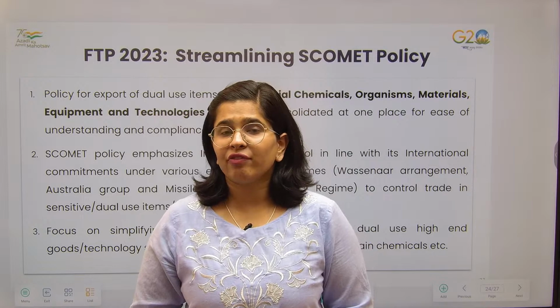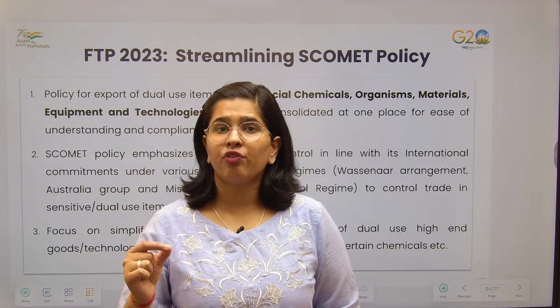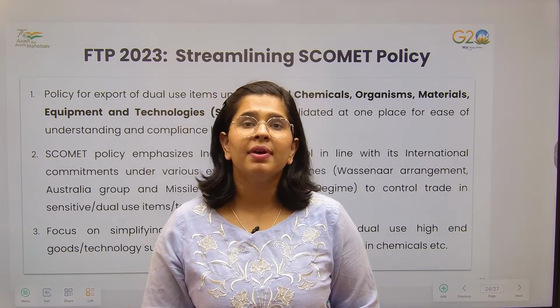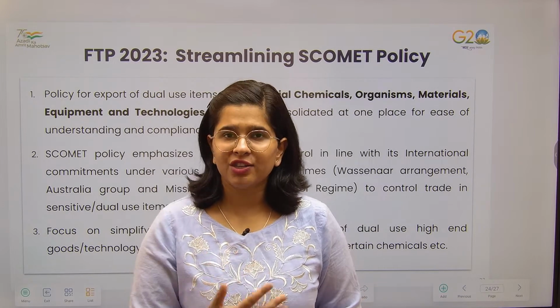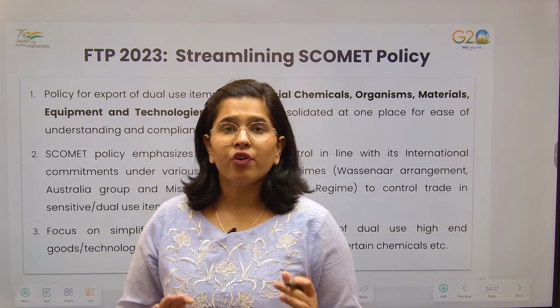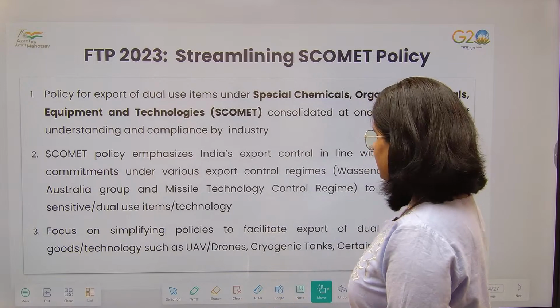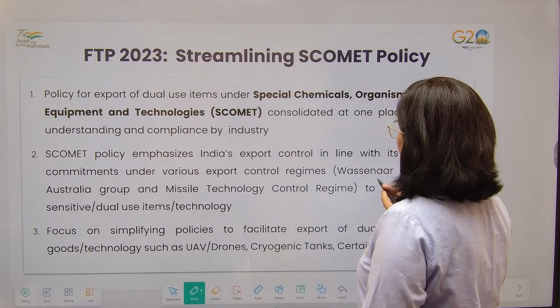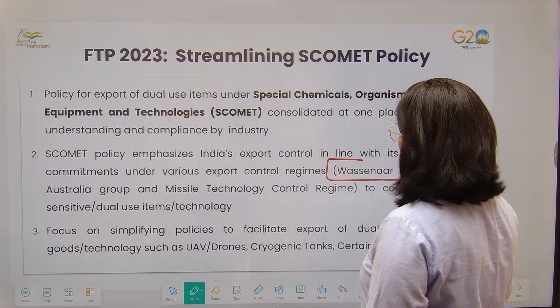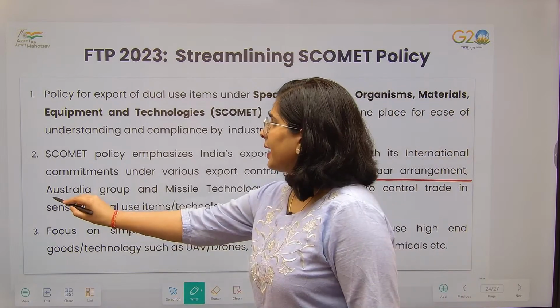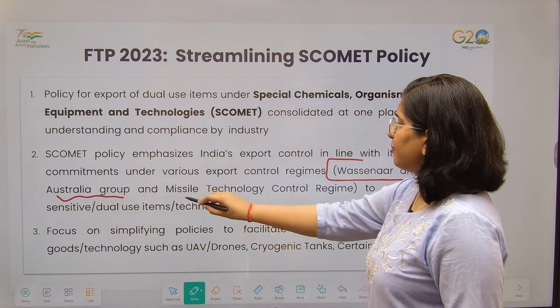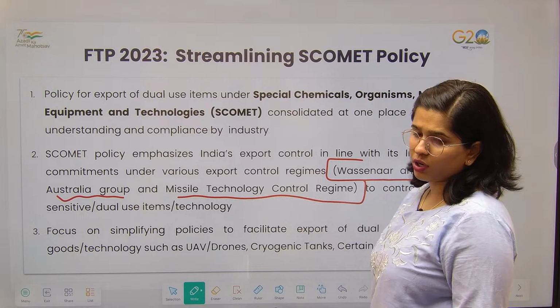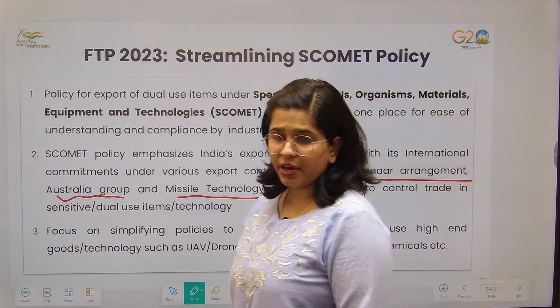We always have the fear that such products, such items, can be misused in such countries, right? So for such chemicals, we have export control agreements called the Wassenaar Agreement, Australia Group, MTCR, that is Missile Technology Control Regime.